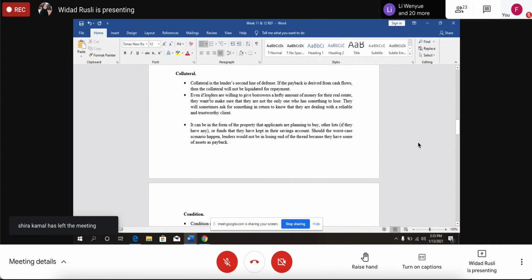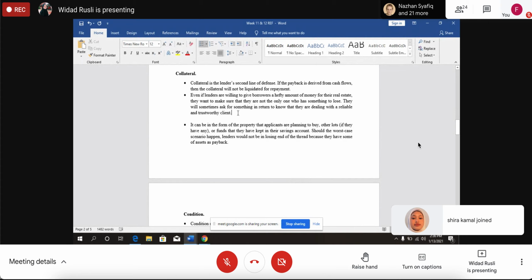Even if the bank is willing to give borrowers a hefty amount of money for their real estate, they want to make sure they are not the only one who has something to lose. They will sometimes ask for something in return to know that they are dealing with a reliable and trustworthy client.